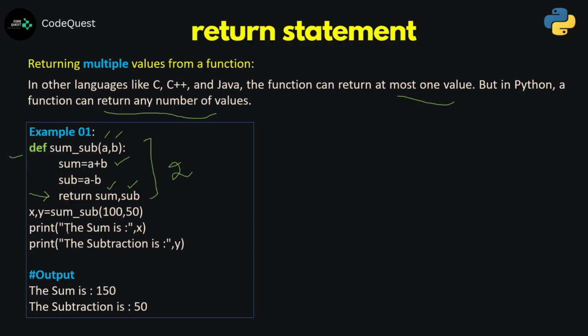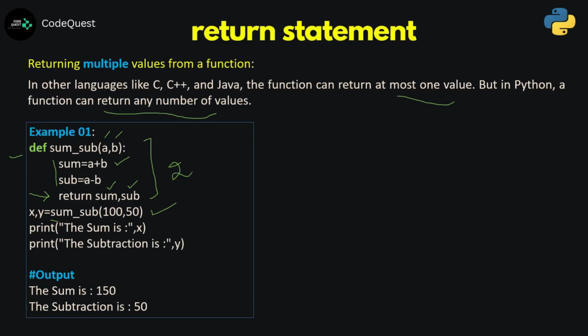Now let's see what we are doing here. This is where I'm calling this function, in this line. To sum_sub we have passed two values, say 100 comma 50. So obviously 100 is the value of a and 50 is the value of b. After the calculation has been done, sum is going to carry 150 and sub is going to carry 50, and these two values are returned here.